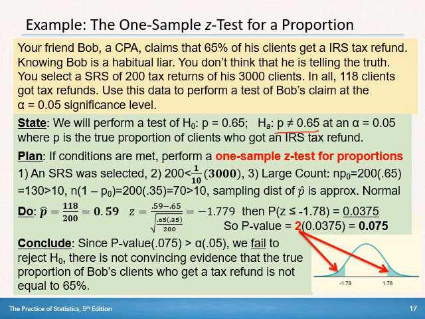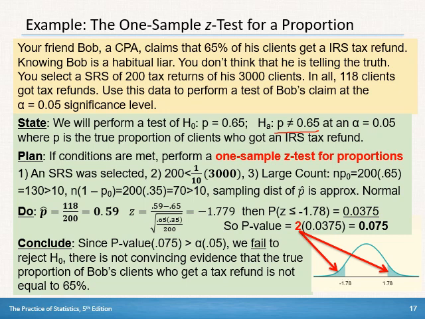All right, conclusion. Our p-value is greater than, or 0.075 is greater than 0.05. So we failed to reject the null hypothesis. And then we say, in terms of the alternative, that there is not convincing evidence that the true proportion of Bob's clients who get a tax return is not equal to 65%.